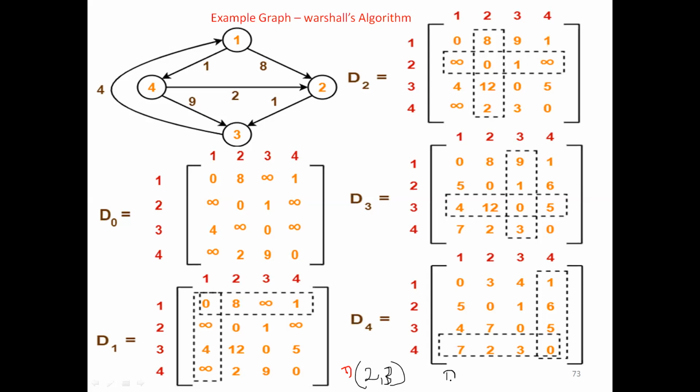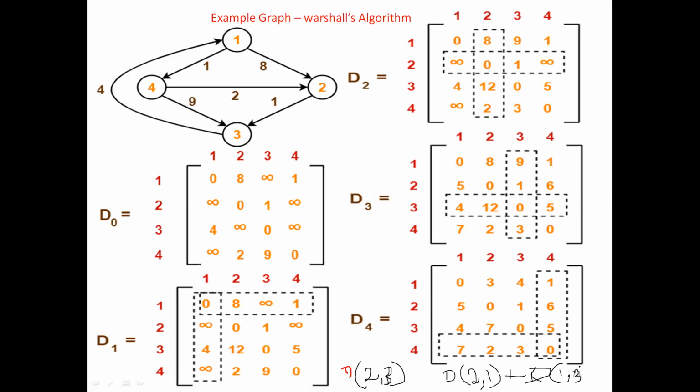D of 2, 1. So I'm including 1 between 2 and 3. This is the intermediate vertex. Plus, just in between you put 1. That's all. Then what will be D of 1, 3.